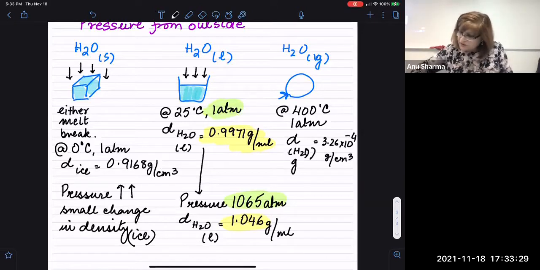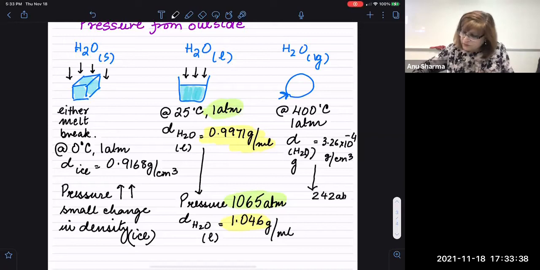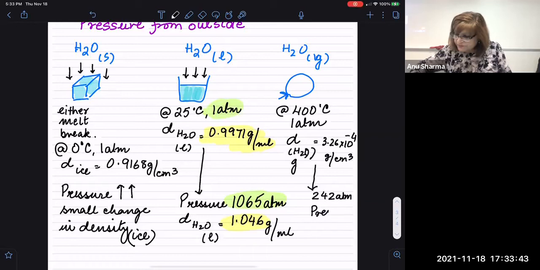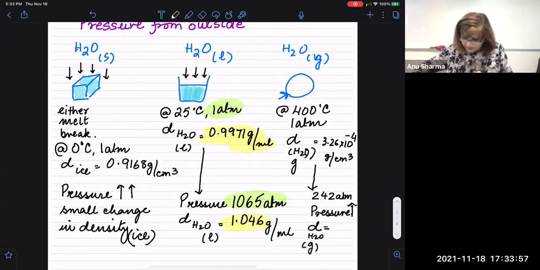In the first case we did it 1,000 times, but here let's do it only 200 times, roughly. If you increase the pressure to 242 atm, 200 times more, the density of water in its gaseous state becomes 0.157 grams per milliliter.